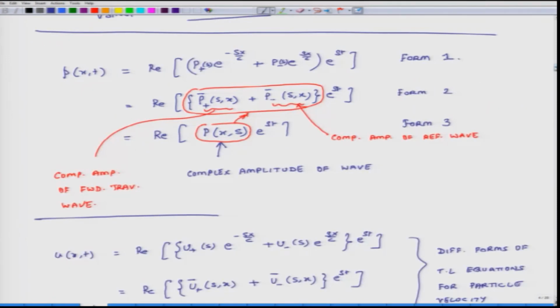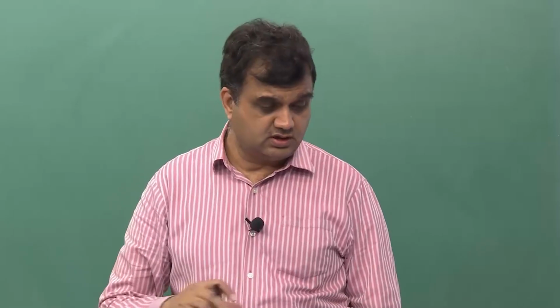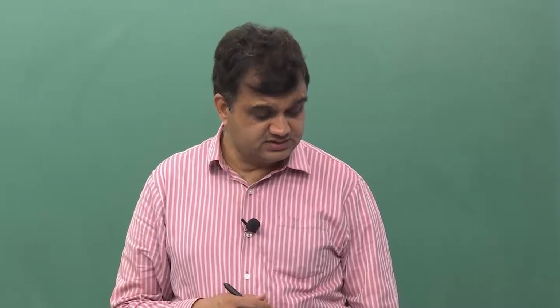So, what we have done today is we have developed transmission line equations for pressure, and we have developed transmission line equations for particle velocity, for one dimensional waves moving with respect to a Cartesian frame of reference.